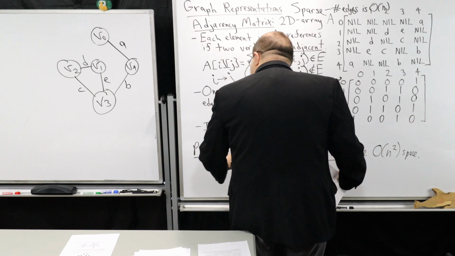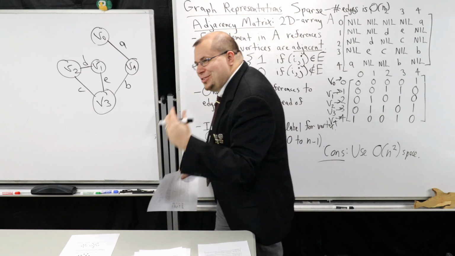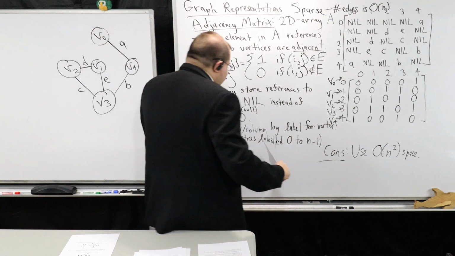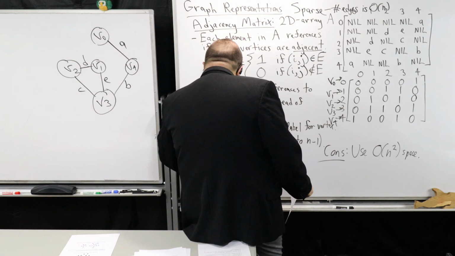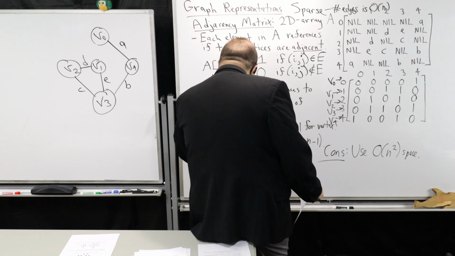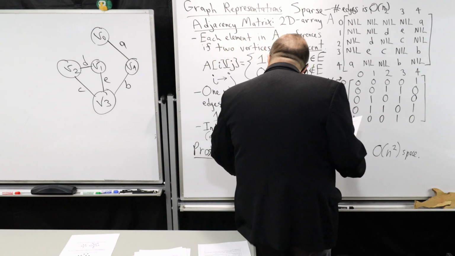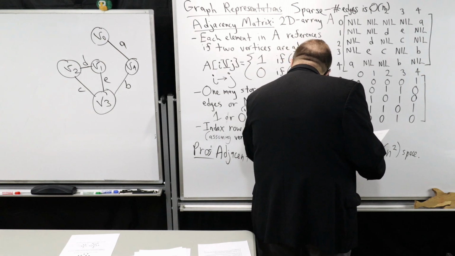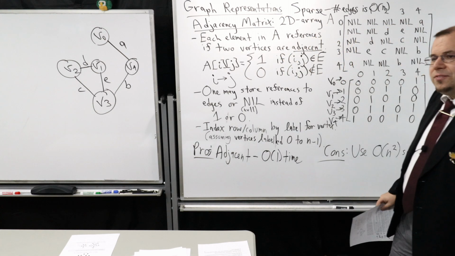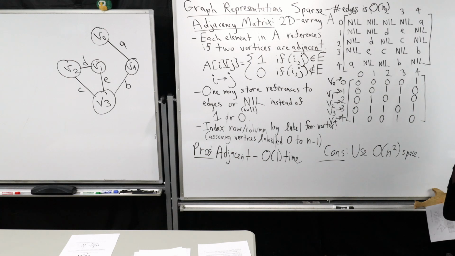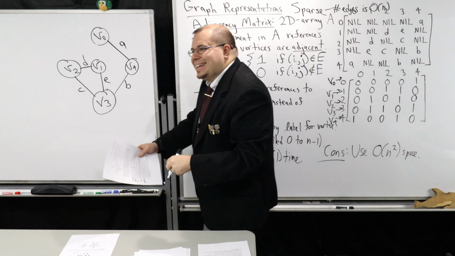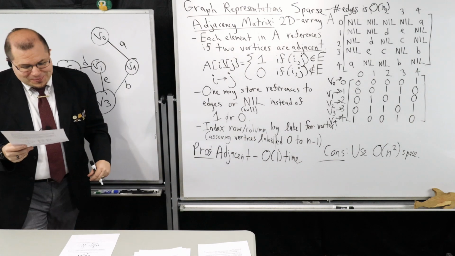A pro about this, because we like our two-dimensional arrays, is that if I want to check if two vertices are adjacent to one another, I can do this in constant time. I just look it up, right? I don't have to do any extra work.